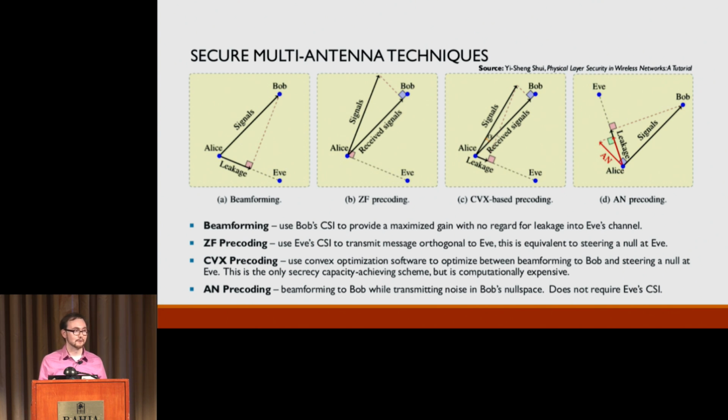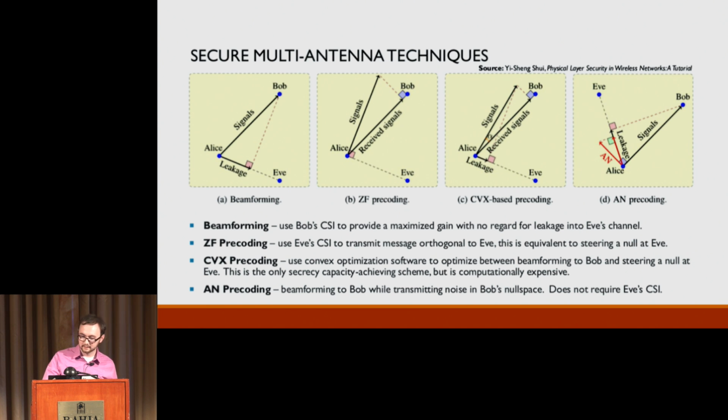If you know Eve's channel, then you can just try to steer a null in Eve's channel, and that would be the zero forcing precoding. And then there's an optimization problem you can play between beamforming and zero forcing to optimize the difference in the SNRs between Bob and Eve.